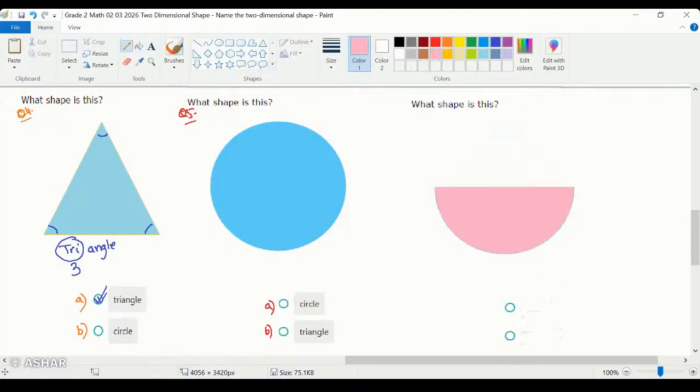Question number 5 was a circle. And question number 6 is a sector or semicircle. Is it a sector or a semicircle? Question number 6. Perfect. Thank you, May.